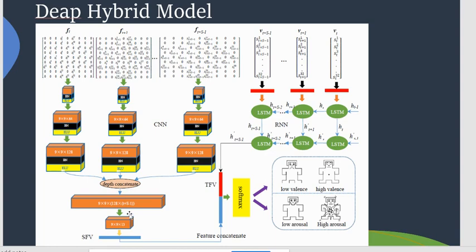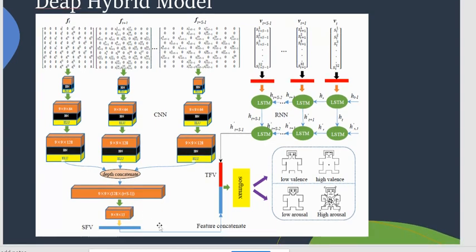And then we use 1 by 1 convolution for depth reduction. We then combine it with the LSTM results from the RNN part of the model, where we are trying to capture the temporal features of the data. In the end, we pass it through a softmax classifier for the binary classification, either high-low valence or high-low arousal.